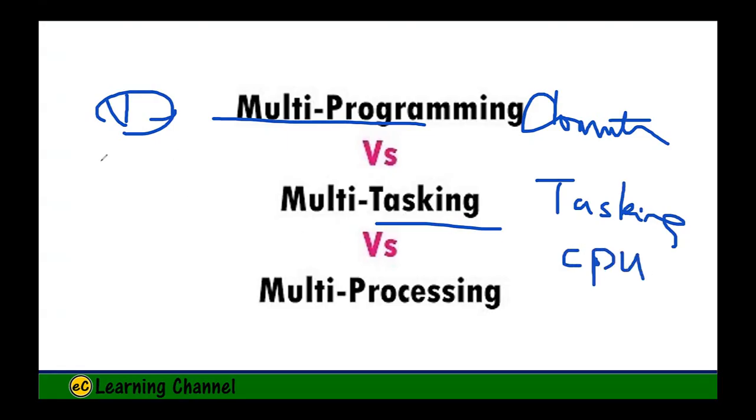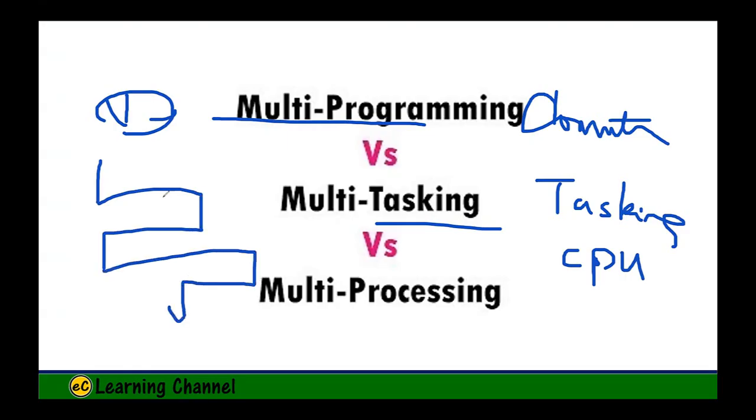So you do job A and then jump to job B, then come back to job A, then go to job C and come back to job B. You have one CPU, but you switch among different tasks. That's called multitasking. So this one is the slower one.